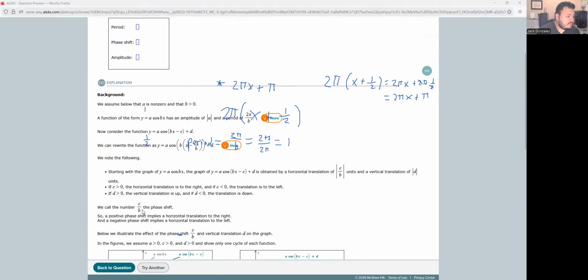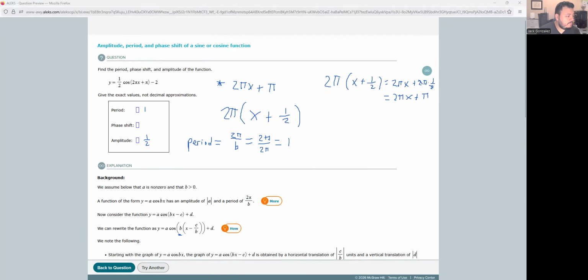Yeah, here it is, C over B. I'll call it PS just because I don't want to write all that. It's C over B, which will be right there, 1 over 2.